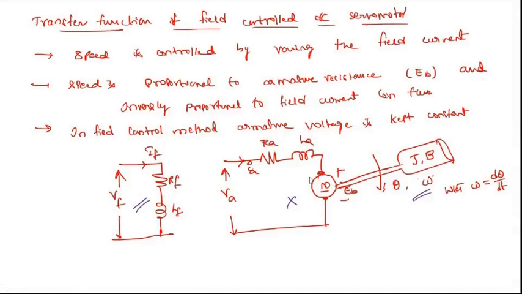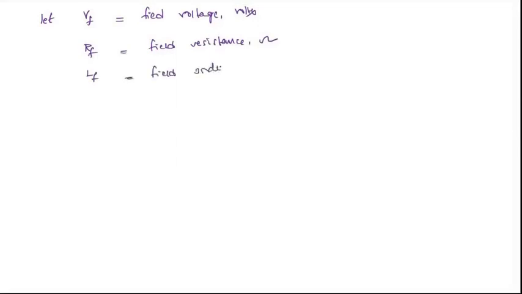Before finding the transfer function, let us assume some terminology. Let Vf be the field voltage, with units in volts; Rf the field resistance, in ohms; Lf the field inductance, in henries or millihenries; and If the field current.